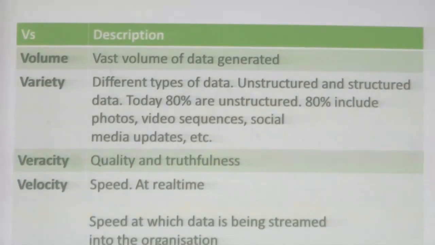Veracity: quality and truthfulness. Whether the information, the big data available, is truthful. What is the truthfulness of this big data? Whether it is true or false. Quality: if it is bogus information, the quality goes down.